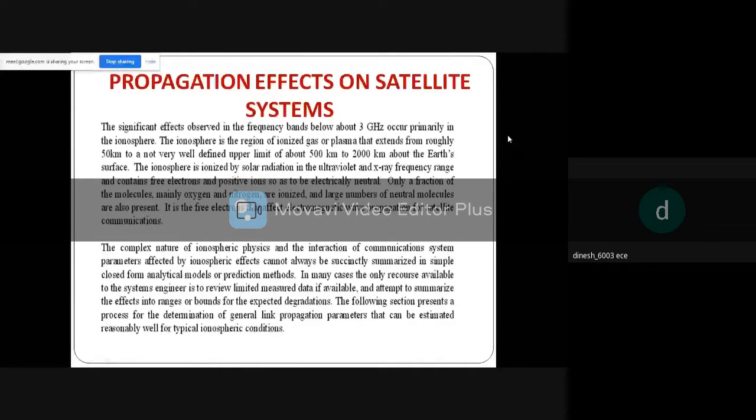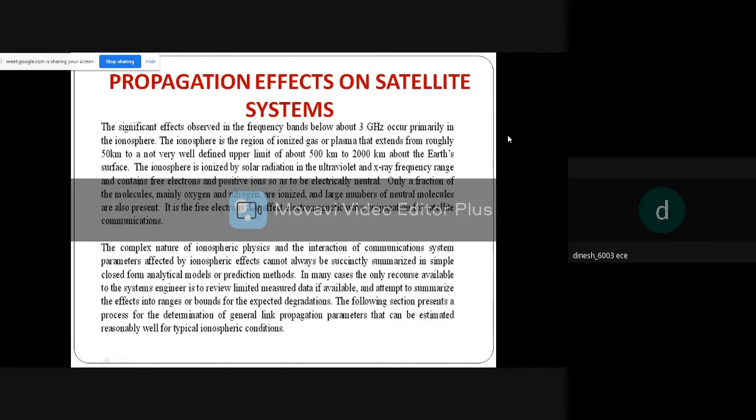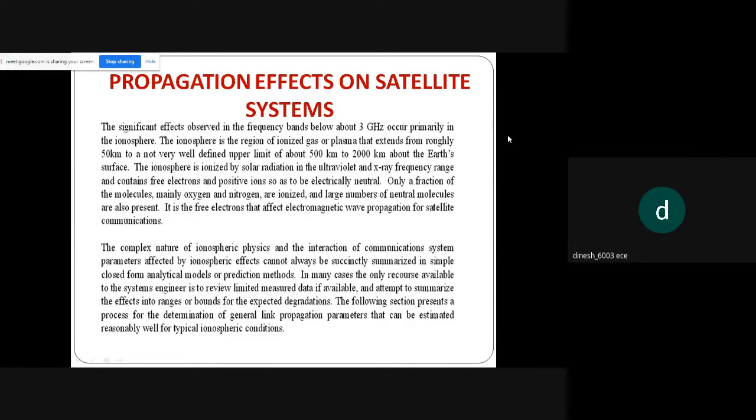Let us see that. So the ionospheric region consists of ionized gases or plasma that extends from about 50 kilometers to an upper limit of about 500 to 2000 kilometers from the Earth surface.